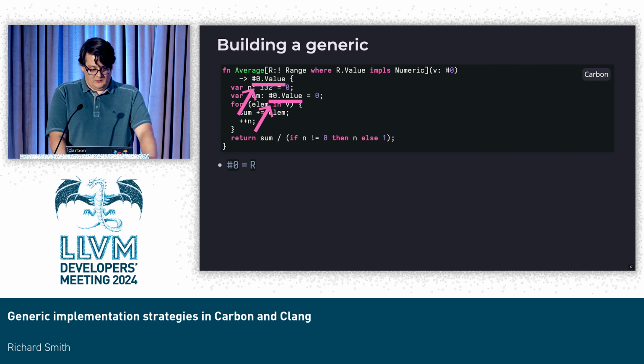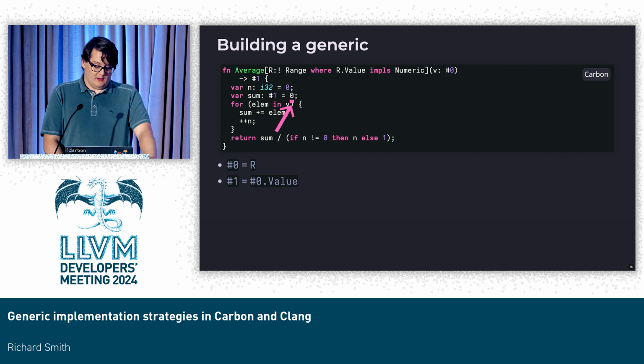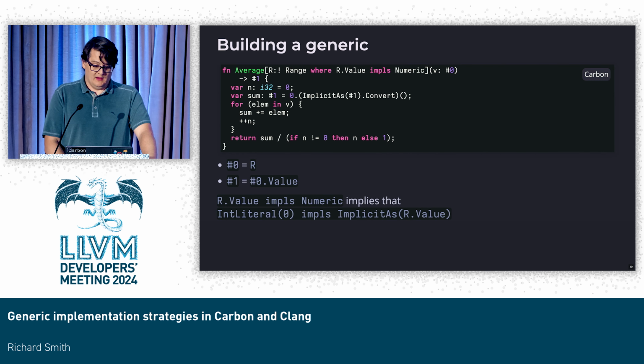And then keep going, we find slot 0.value is the next one. And again, we replace that with, in this case, slot 1. For things like this 0, we have an implicit conversion here from the 0 literal to the type, which is now slot 1. But we're doing this in the semantic IR representation that we have, so we've actually desugared that, and this is a call to some particular symbolic function, which is picked out of an implementation of the numeric interface in this case.